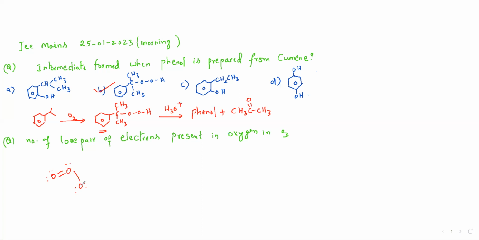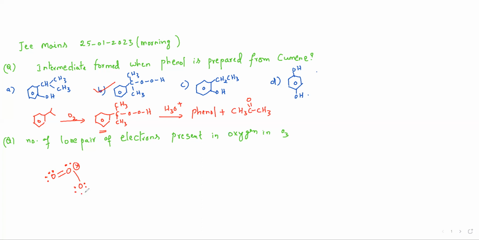a coordinate covalent bond. So there are two lone pairs of electrons over terminal atoms and there is one lone pair of electrons at the central atom, and this is having two lone pairs of electrons, so that this will be having positive charge.